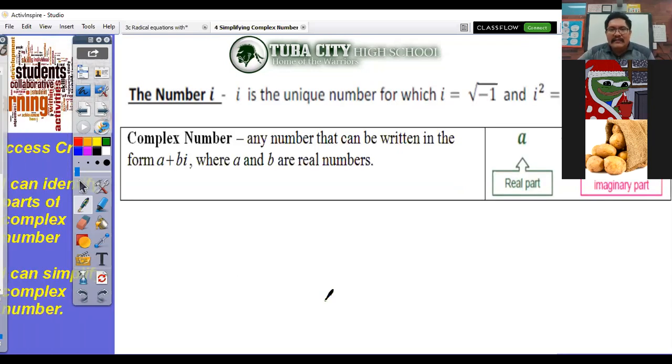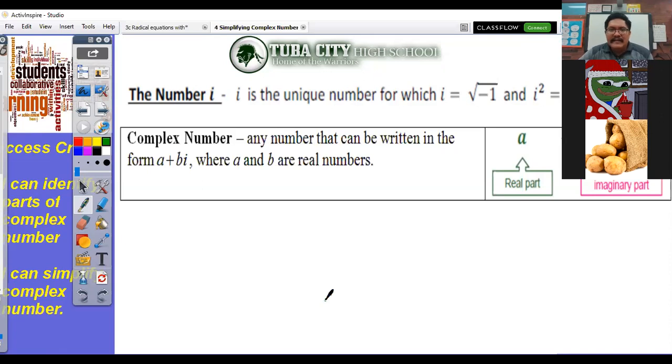All right, here's a slide that we've already seen before. It's just reminding you that i is equal to the root of -1, and i squared is also equal to -1. Again, I think we've already done 2 lessons with this, so it's mostly review at this part.